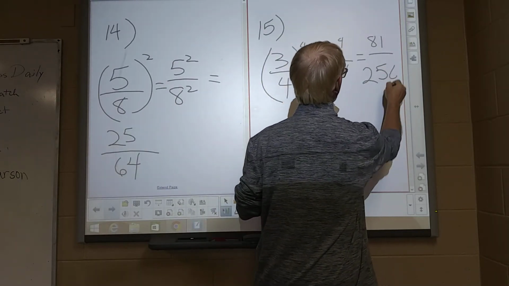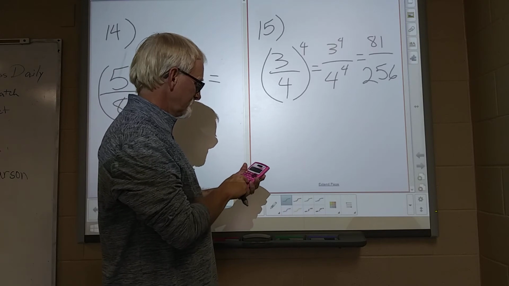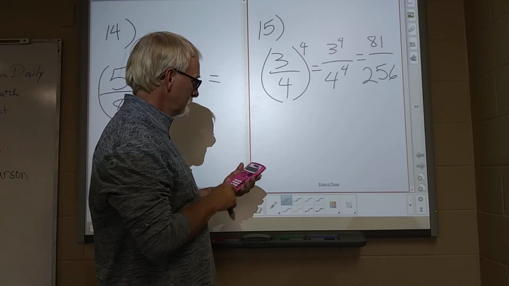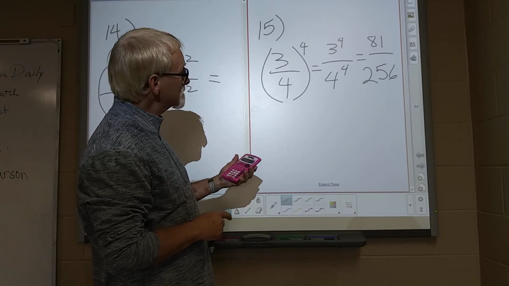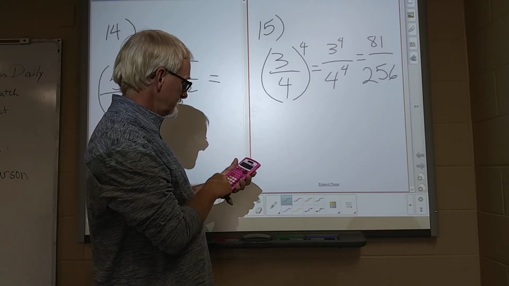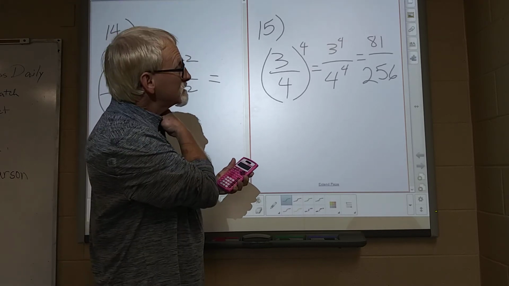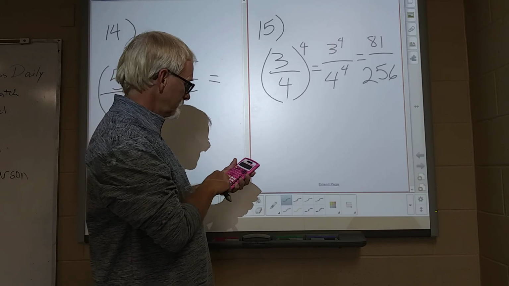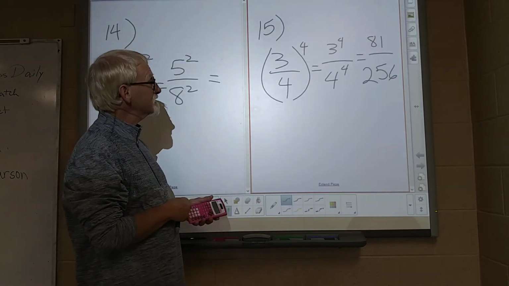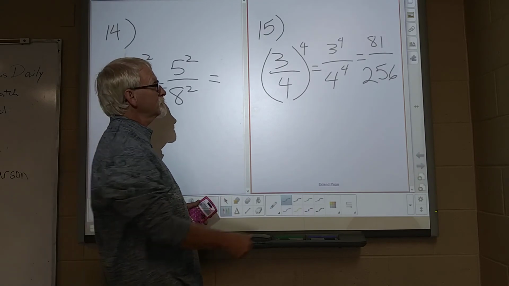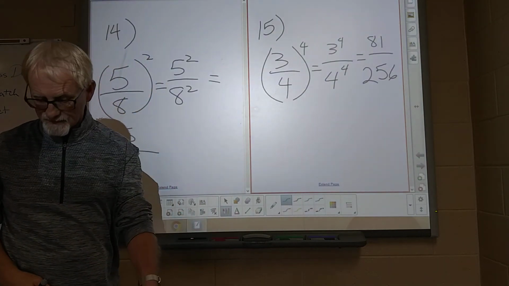Does 81 go into 256? Let's try it. 256 divided by 81, no, we're done. 256 divided by 9, or 3? No. So 81 over 256. You can leave it either way: 3 to the 4th over 4 to the 4th, or 81 over 256.